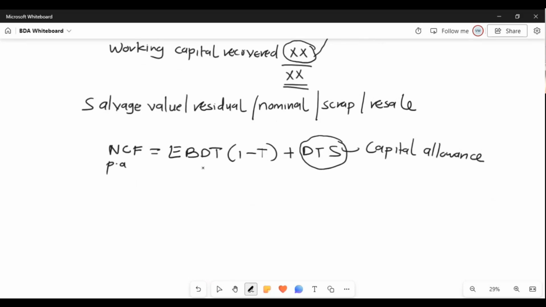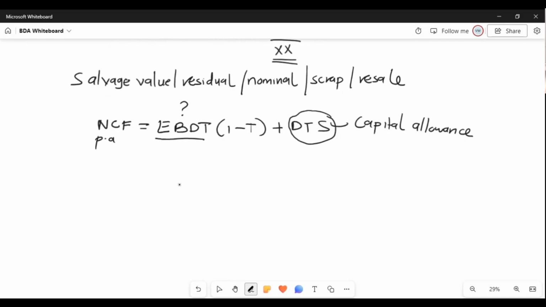And there are some instances where the question may not give you the earnings before depreciation and tax. So in such a case, if you are not given the earnings before depreciation and tax, then we can take the revenue, which is the sales revenue. Sales revenue is the same as saying the turnover.